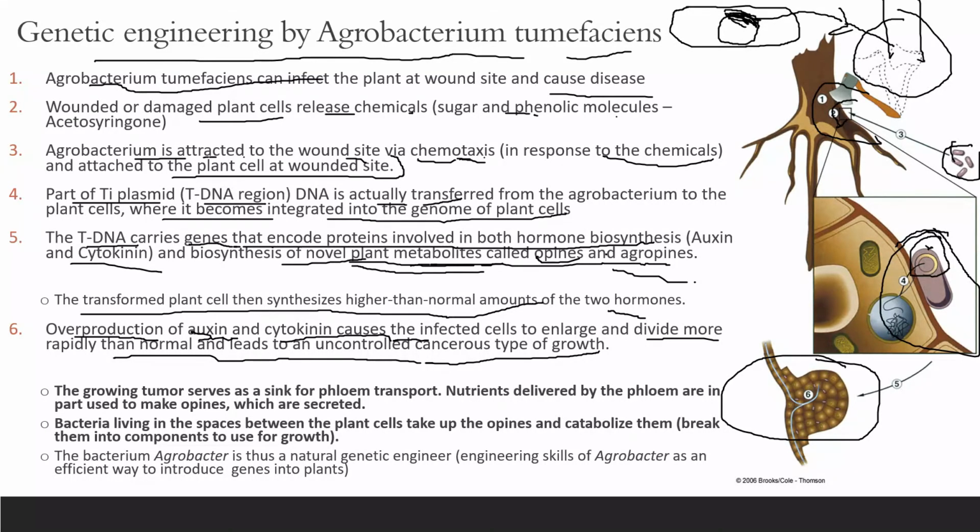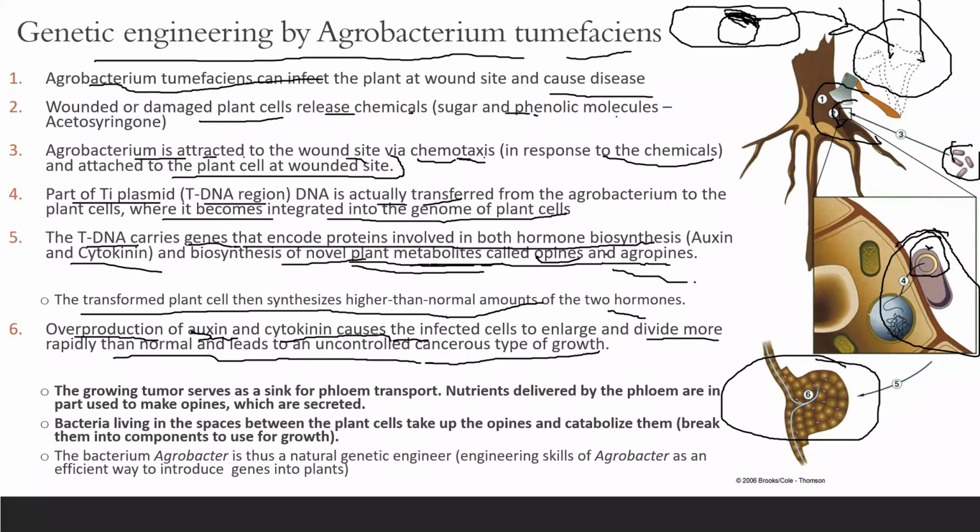Auxin and cytokinin genes act as oncogenic genes, which can cause cancerous growth and ultimately lead to the death of plants.